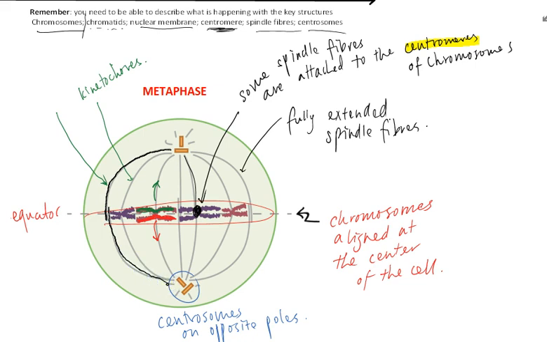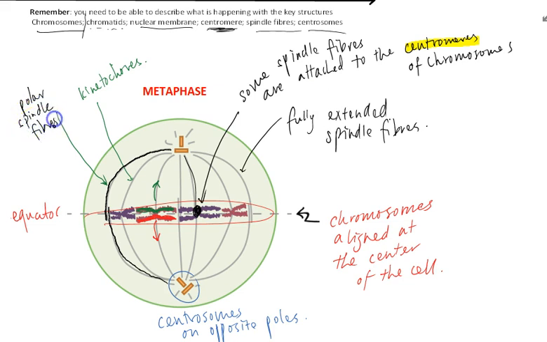We call these the polar spindle fibers. They're polar because they're at the ends, and they attach to the ends of the other spindle fiber from the opposite end, or they start from the poles, whichever way you like to think of it. And they're used to anchor the spindle network together. So these are the polar spindle fibers.